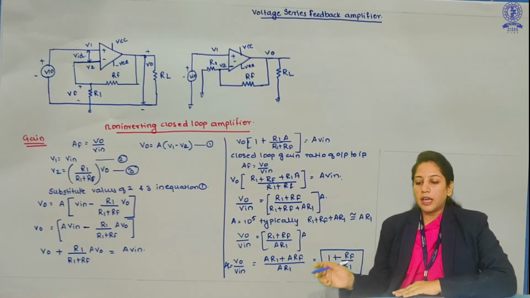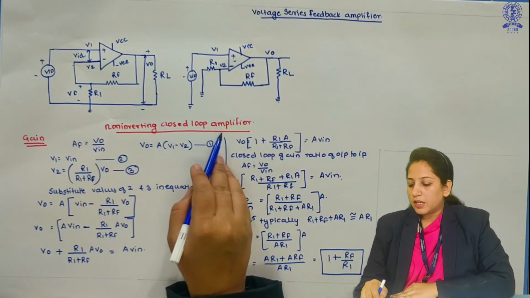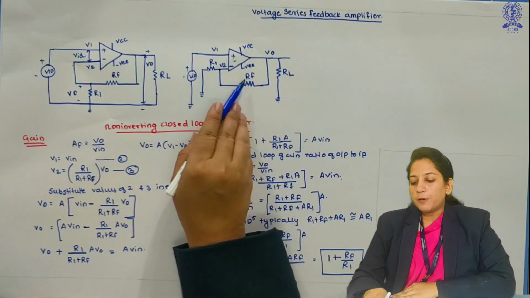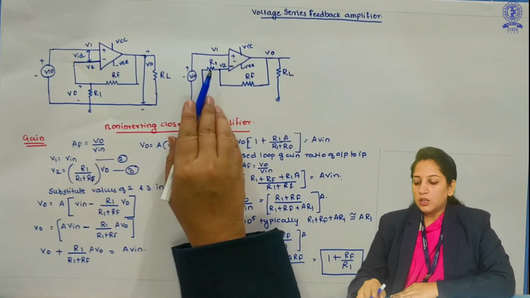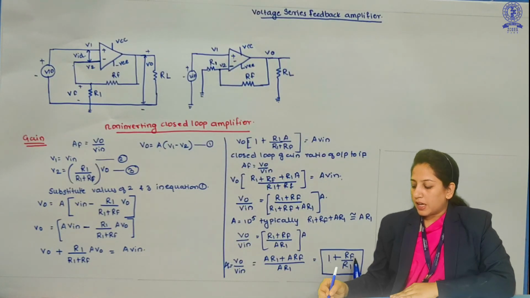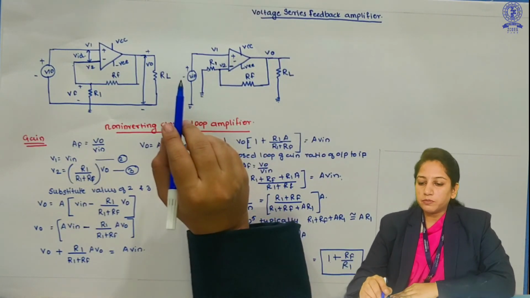That means the gain of a non-inverting closed loop amplifier depends upon RF and R1, these two resistances. Okay. So gain is 1 plus RF upon R1 for a closed loop non-inverting amplifier, if we provide an input voltage to the non-inverting amplifier.